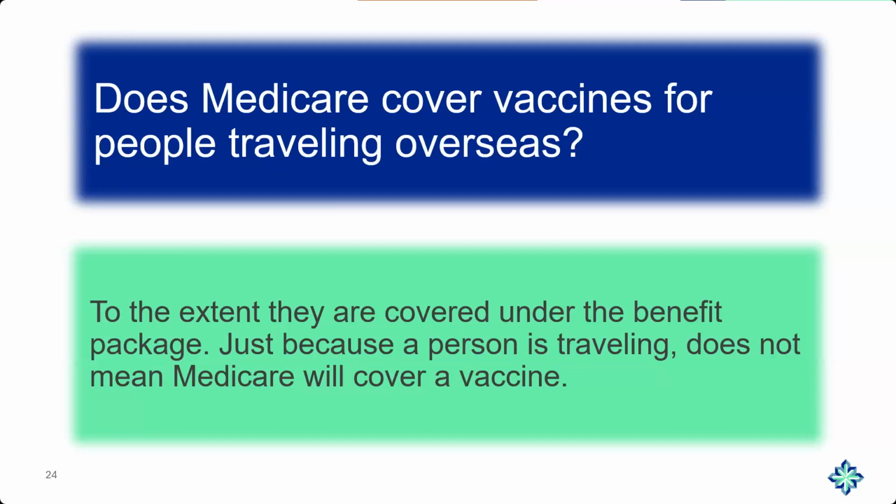Okay, nope, that might not be covered. So can you tell me when you're getting it? Is it within the normal timeframes? Is it within the coverage criteria and the guidelines as set up for that vaccine? It could be covered. But just because you're going overseas and you need a vaccine, that's considered routine and is not covered.